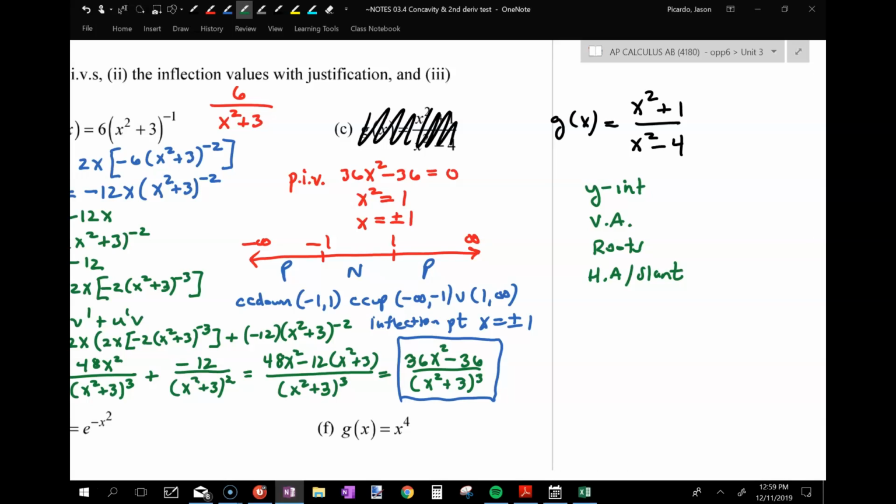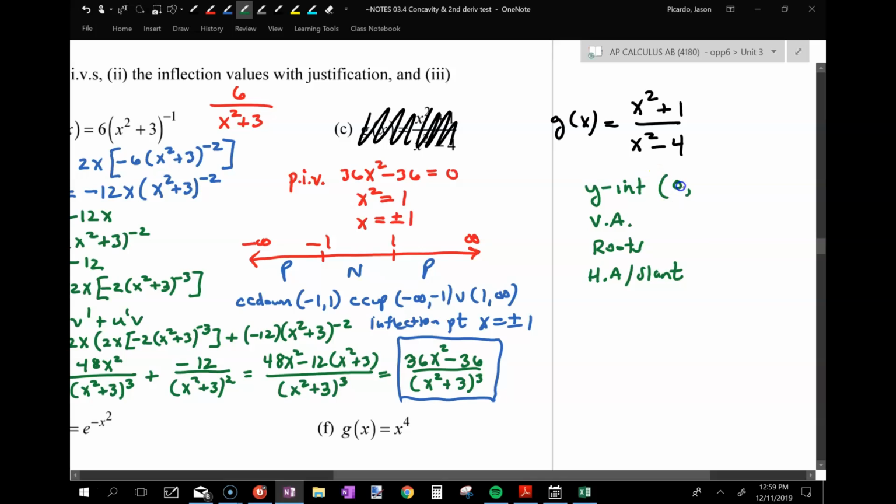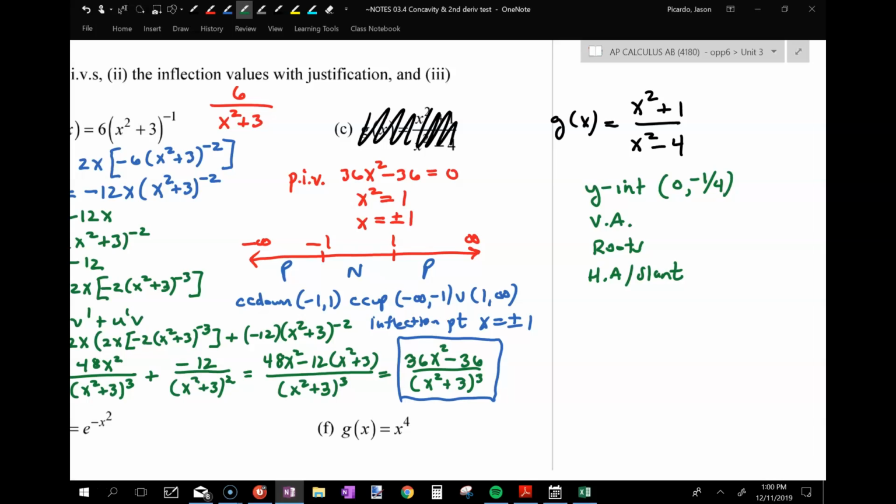How do you get a y-intercept? Plug in 0. If I plug in 0, what happens to this x squared, this x squared? What's left? Negative 1/4. Do you guys agree that vertical asymptotes occur when the denominator of something equals 0?